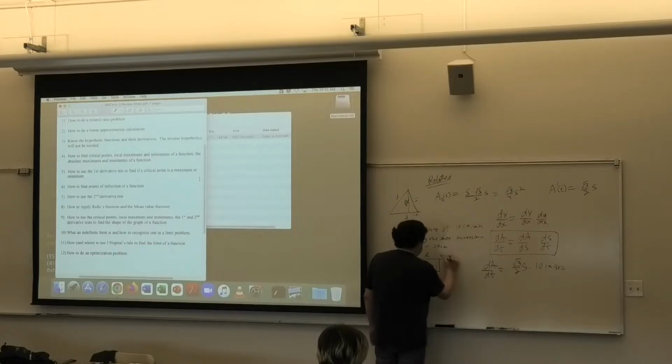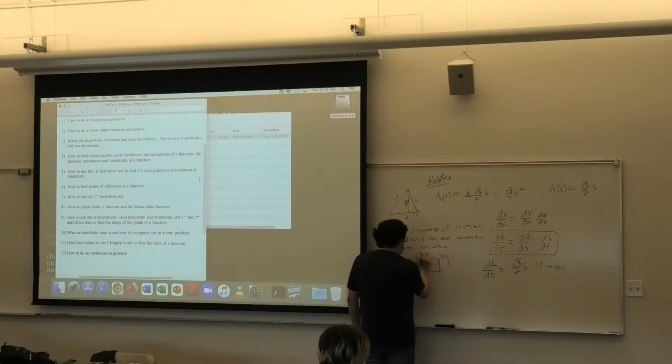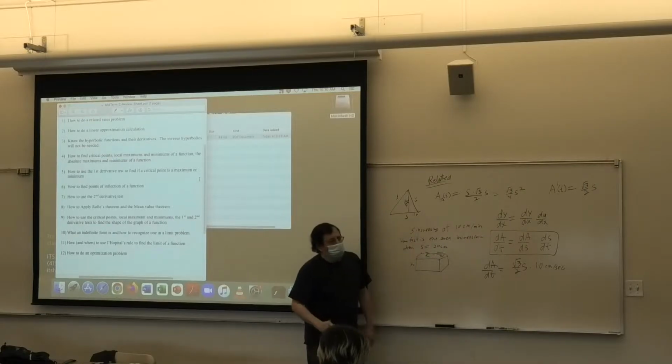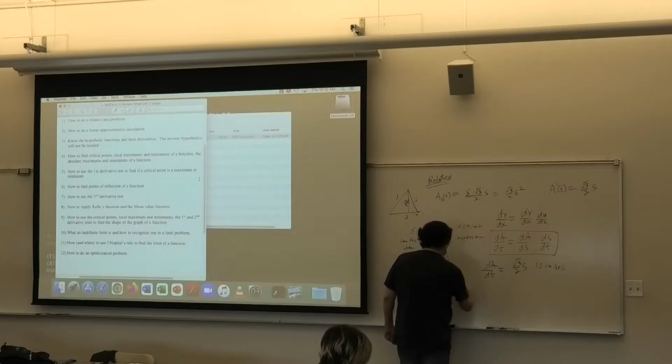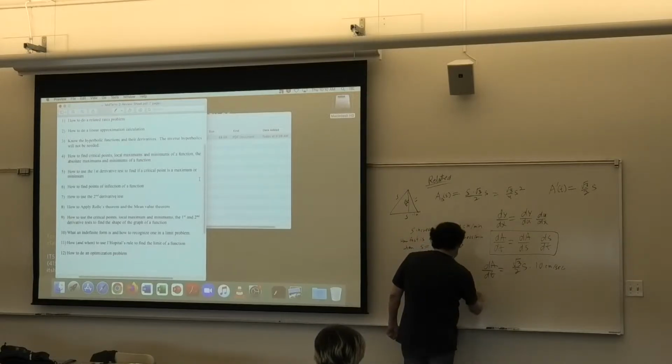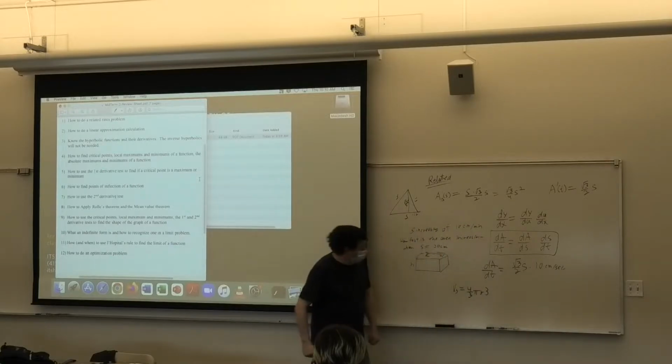Hopefully, if it's like a brick, a parallelepiped, you know how to find the volume. And if it was something even like a sphere, which I hope you would know by now, the volume of a sphere is 4/3 pi r cubed. I would probably give you that.